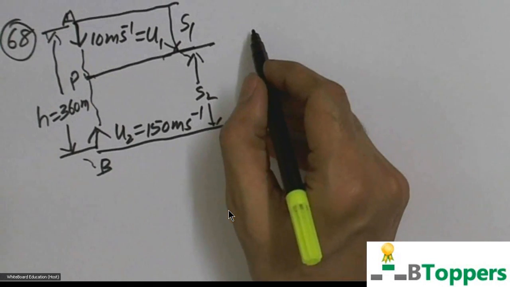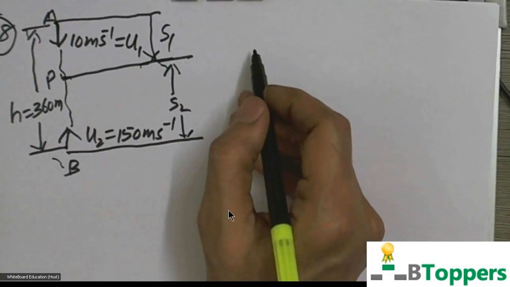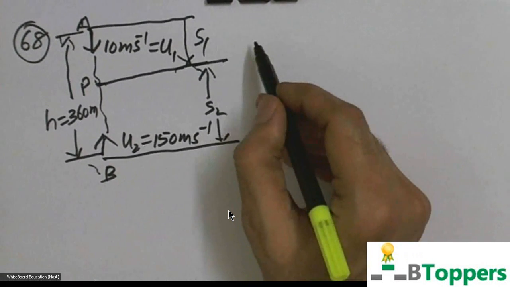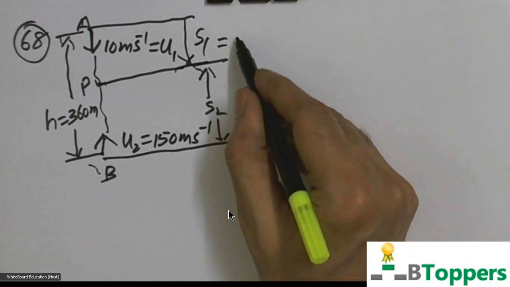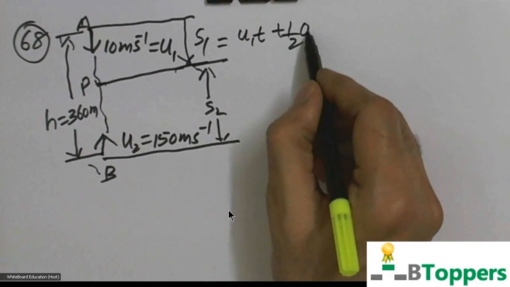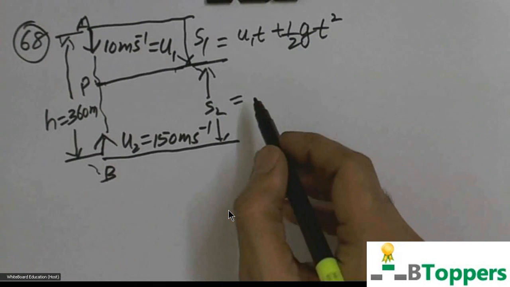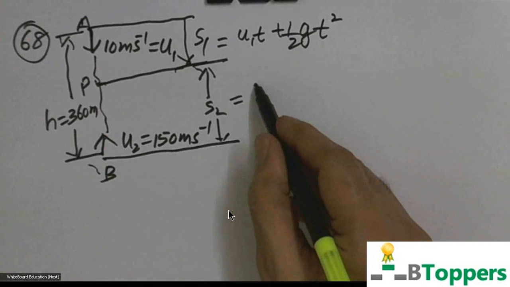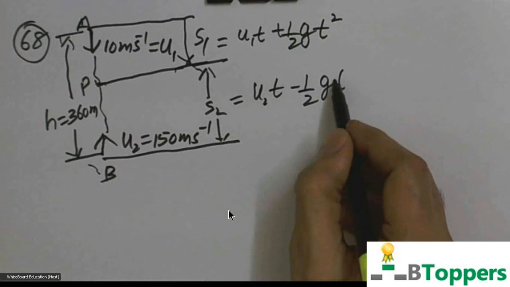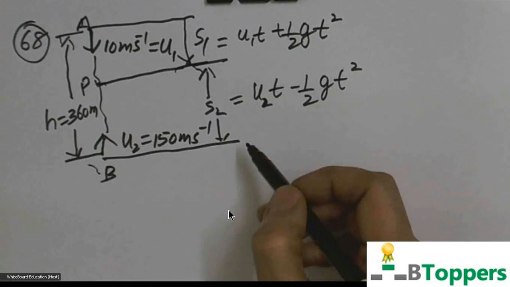For the first ball, initial velocity, displacement and acceleration, all the vector quantities, are in the downward direction. So S1 can be written as u1 into t plus half gt square. For the second ball, initial velocity and displacement are directed upwards, but acceleration is directed downwards. So for the second ball, you can write S2 equal to u2 into t minus half gt square.